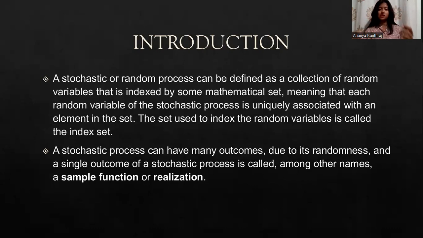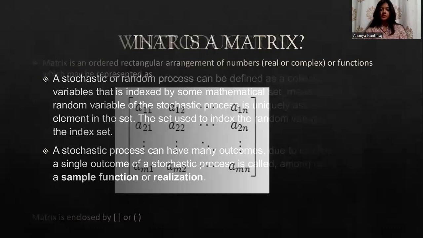A stochastic process can have many outcomes due to its randomness, and a single outcome of a stochastic process is called, among other names, a sample function or a realization. Hence it's called a sample function or a realization.